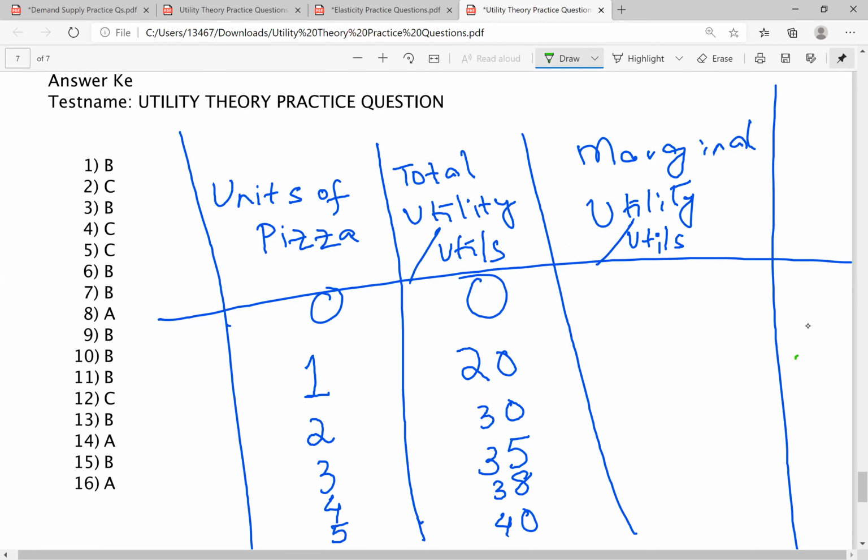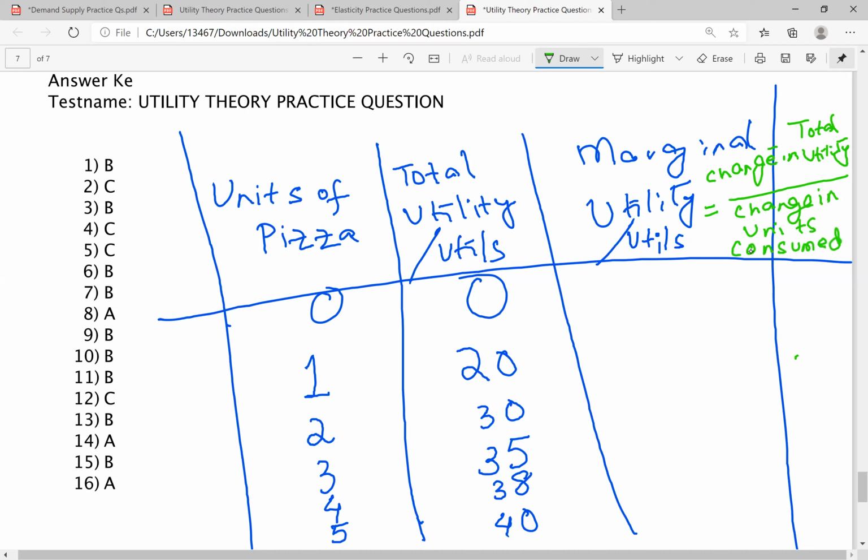Now, marginal utility is defined as change in the total utility over the change in units consumed.